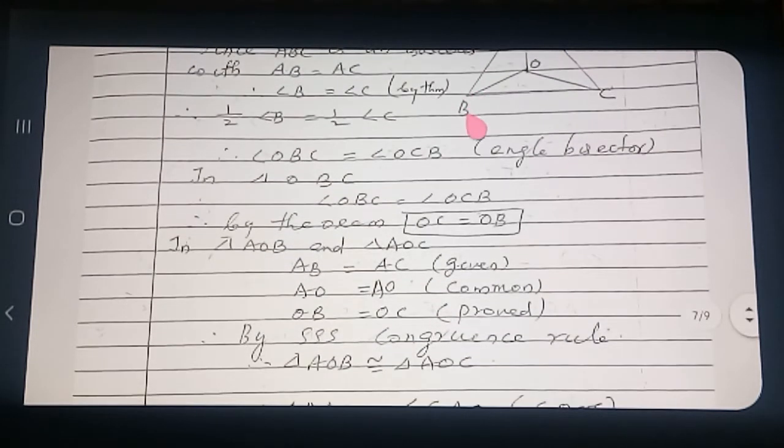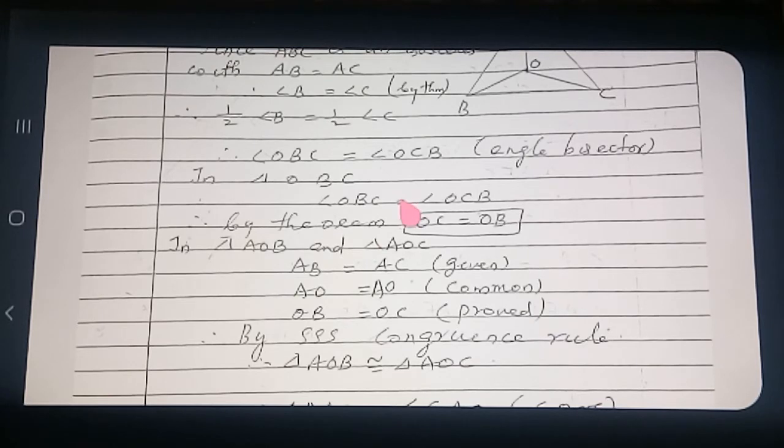See what I have written downside. In triangle AOB and triangle AOC, AB equal to AC is given, AO is equal to AO common side, OB equal to OC proved now. Therefore, which rule is applying? By SSS congruence rule, triangle AOB is congruent to triangle AOC.